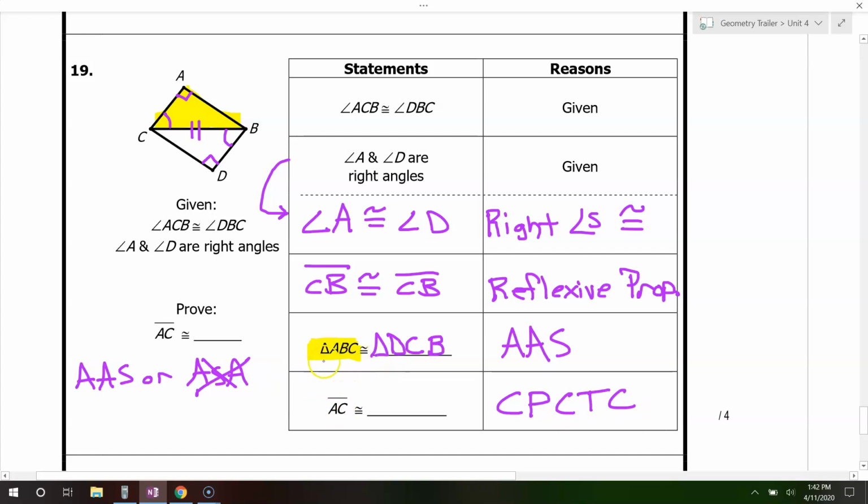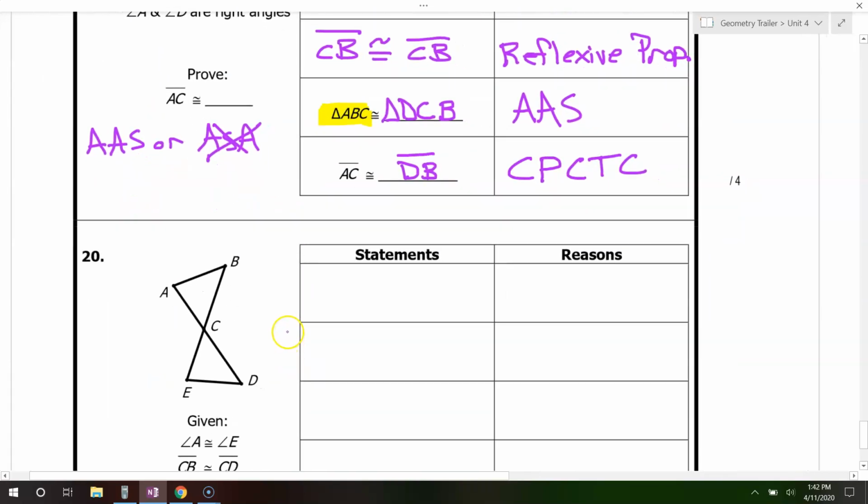Well, I can get it right off of the congruent statement here. AC, because that's the first thing they have, is going to correspond with DB. So I know it's going to be DB. Okay, and that's AC and DB. All right, that's it for number 19.